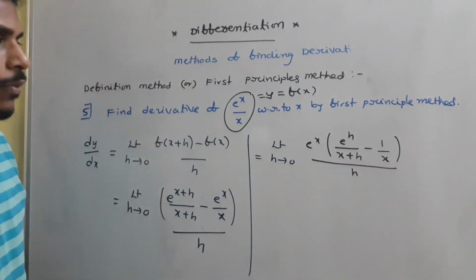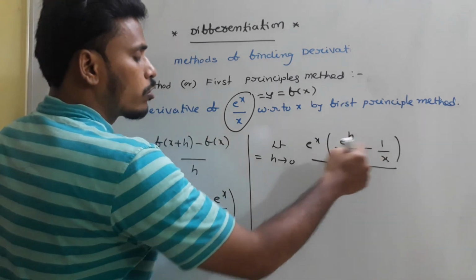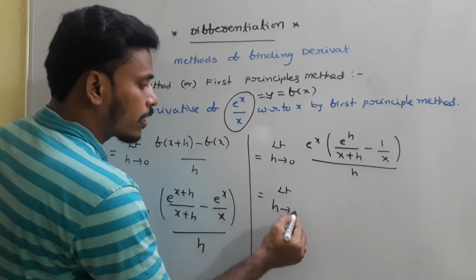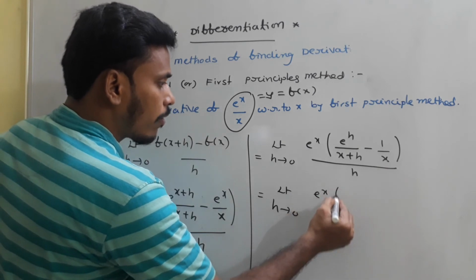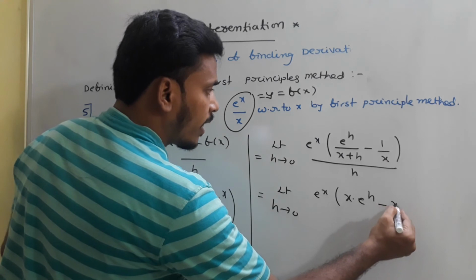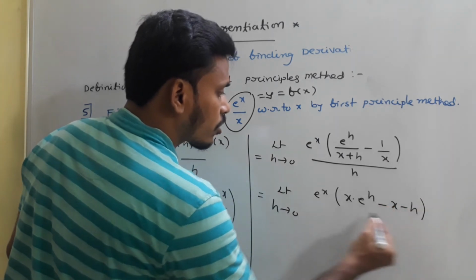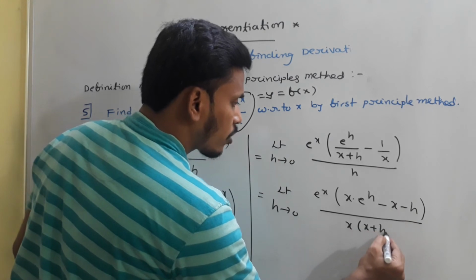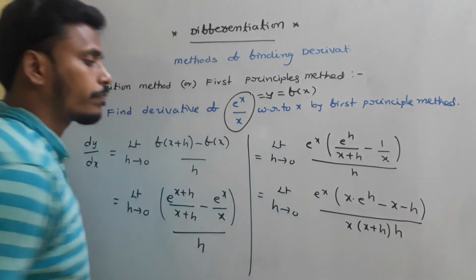Now you just do the simplification, and that is equal to limit h tends to 0 of e power x into (x e power h minus x minus h) divided by x into (x plus h) into h.